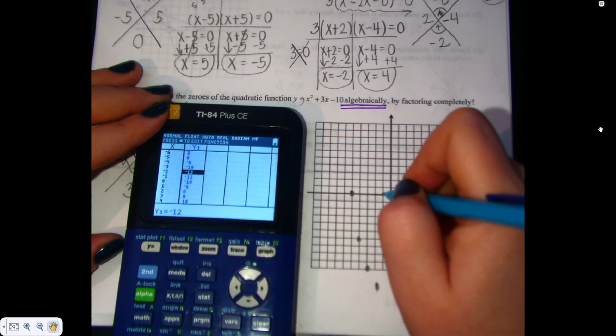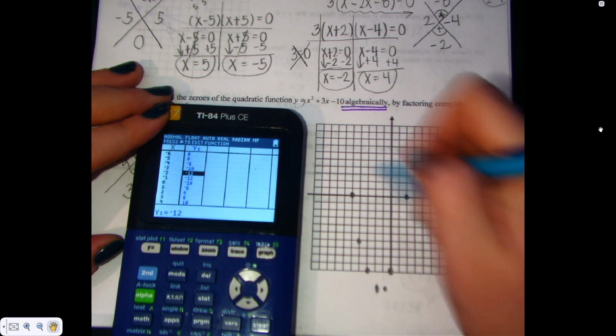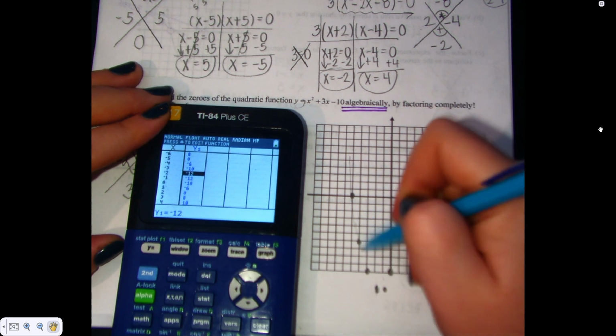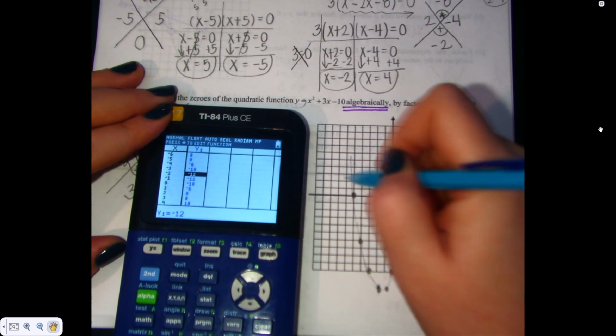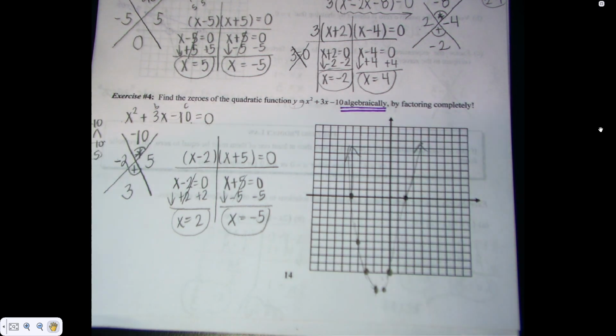Negative 1, negative 12. All right, so we get the idea of what this kind of looks like, though. That's the big idea here. Okay, so that's basically what it's going to kind of look like. I didn't realize that we were going to be off the graph, so no worries.